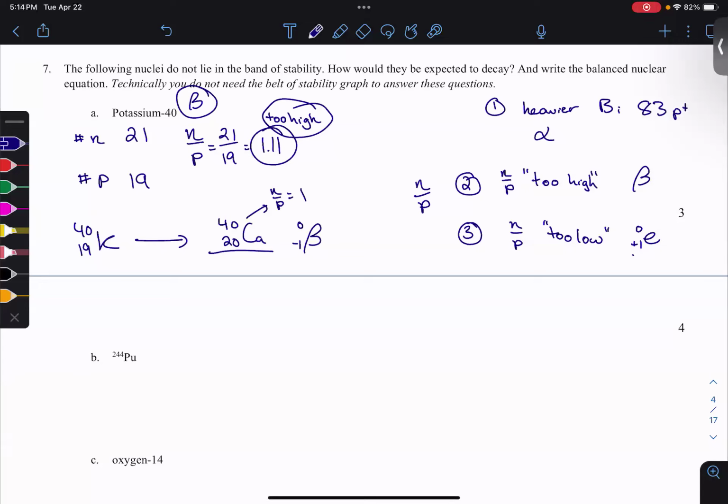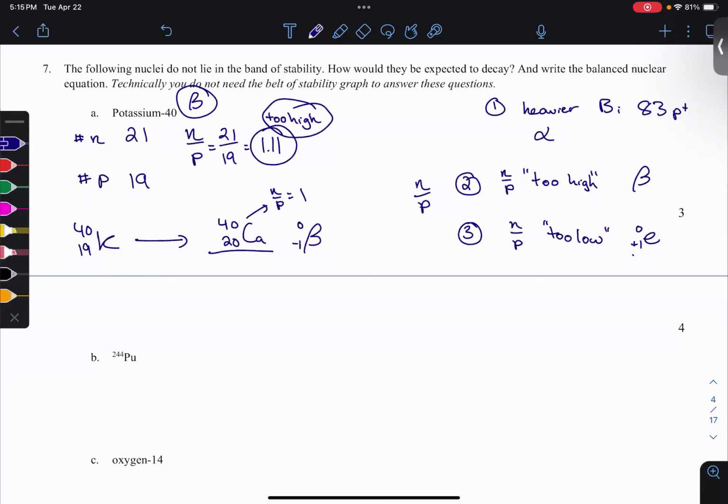Another way you can tell that potassium 40 has too many neutrons: you look at your periodic table. Tell me, what is the molar mass of potassium? 39 point something. So what do you think the most abundant isotope of potassium is?